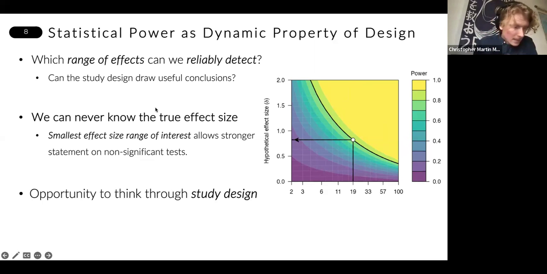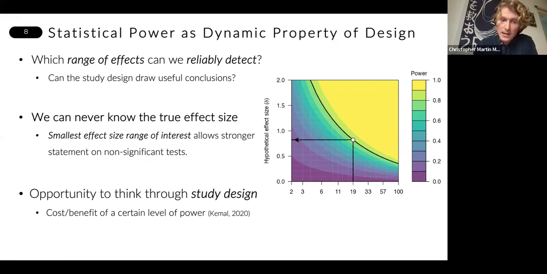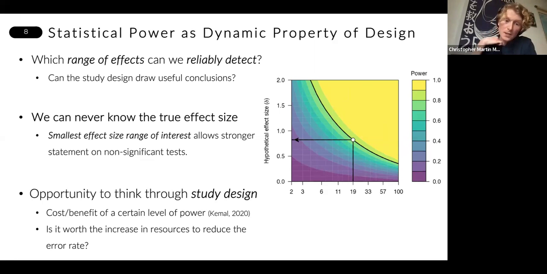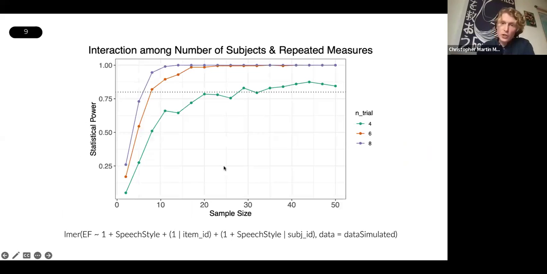Okay, and again, this is really an opportunity to think through study design, right, and the cost benefits of a certain level of power. And I'll show an example on the next slide where we investigate this question, right? Is it worth the increase in resources to reduce the error rate? Because if we reduce the error rate, right, there are limits to reducing the error rate in terms of the resources that they cost.